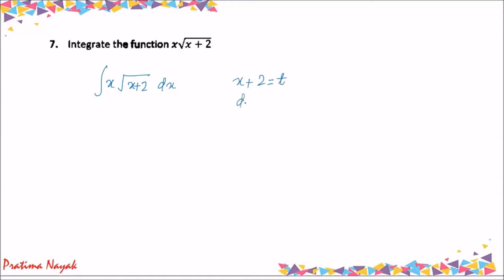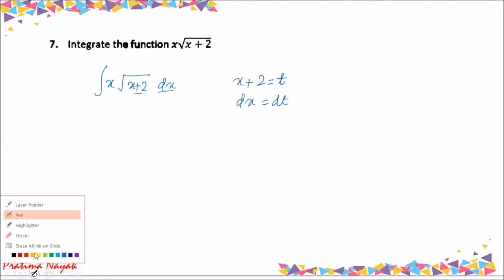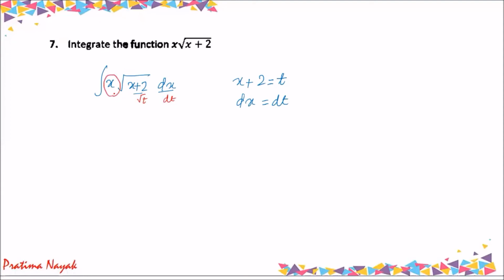Then dx is equal to dt. It is simple. So dx is converted to dt, and this is converted to root t. But what about this x? This will be x is equal to t minus 2.